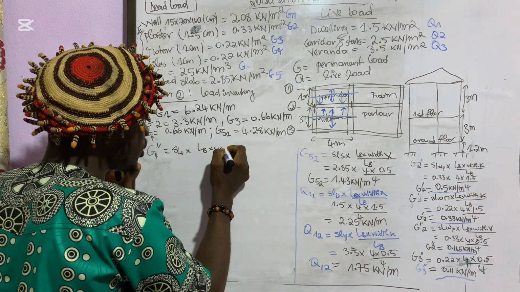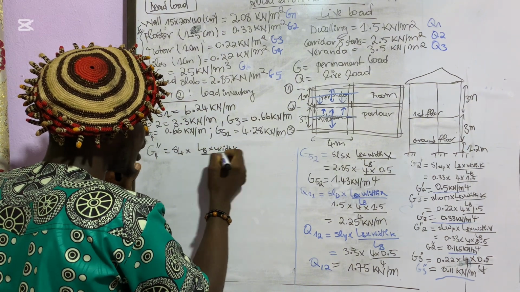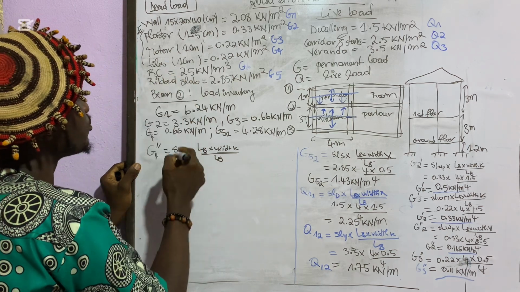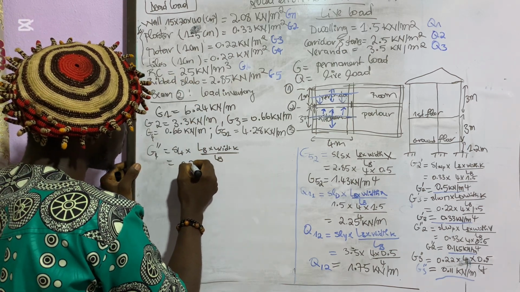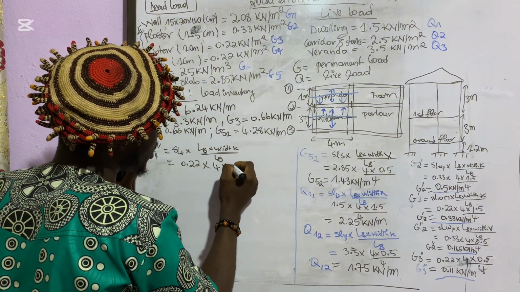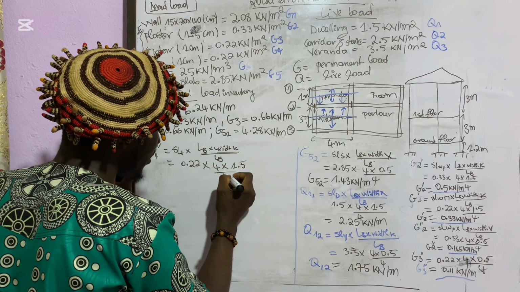I will start with the kitchen, the width of the kitchen room divided by length of the beam. In numerical application, ties will be 0.22 times 4 times the width of the kitchen, which is 1.5, divided by 4.